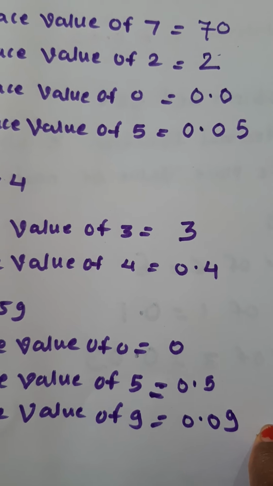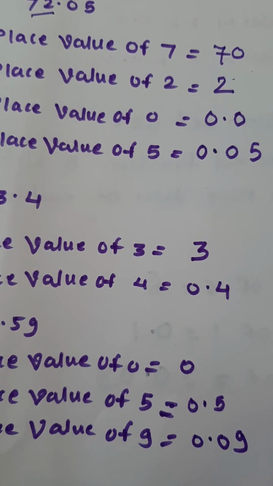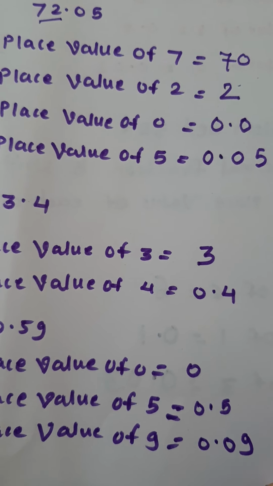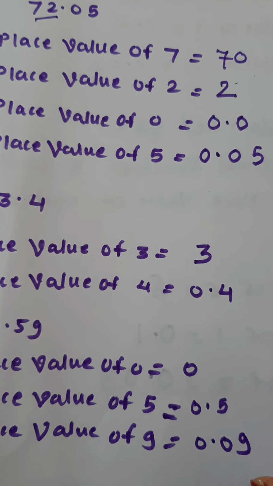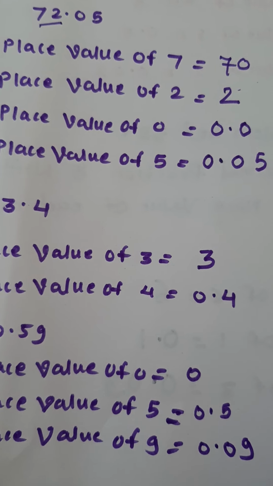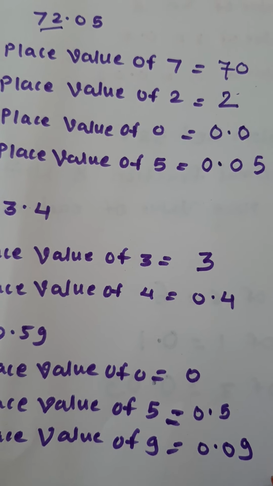In simple way, what to remember? If the digit is present first after the decimal point, 0 point, that number. If the digit is present second after the decimal point, 0.0, that number. If the digit is present third after the decimal point, 0.00, that number.